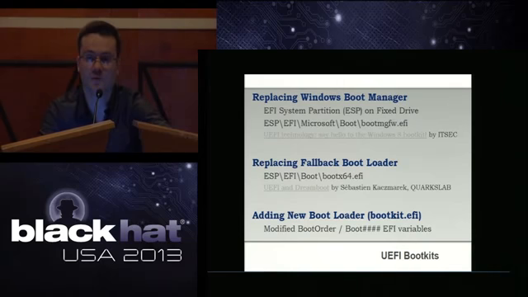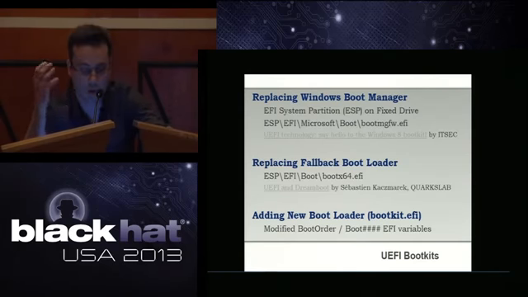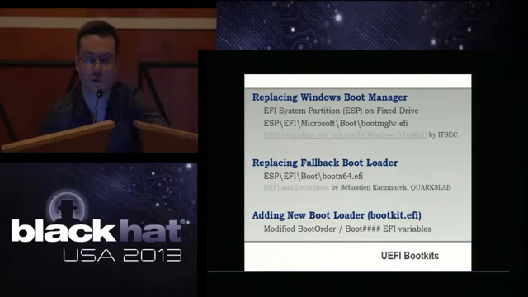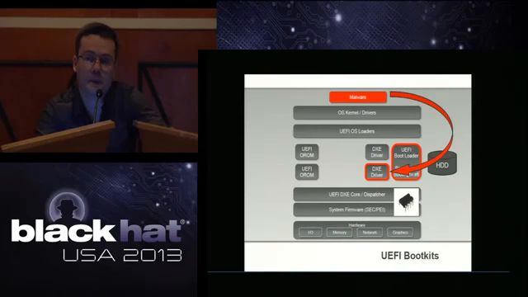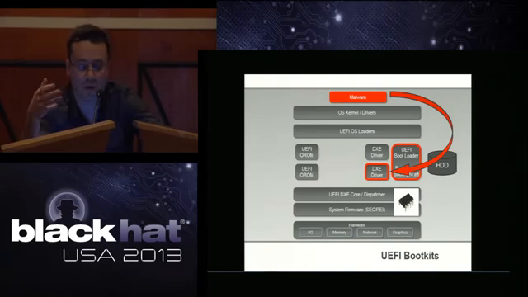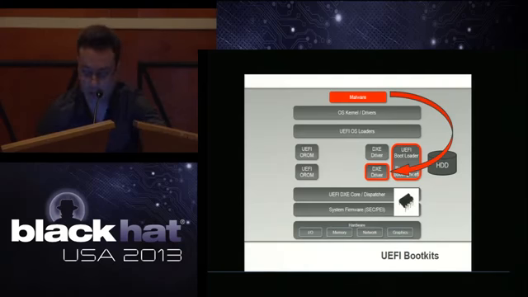In addition, the exploit could add its own bootloader instead of replacing one of the existing bootloaders. In order to do that, the exploit would need to do some additional actions like modify some of the UEFI system variables, like BootOrder or Boot1, 2, 3, 4 and so on. The other way to install a UEFI bootkit would be, instead of replacing the bootloader, the exploit could add a DXE driver, which will get dispatched before the bootloader, and drop that DXE driver on a UEFI system partition or even removable media.